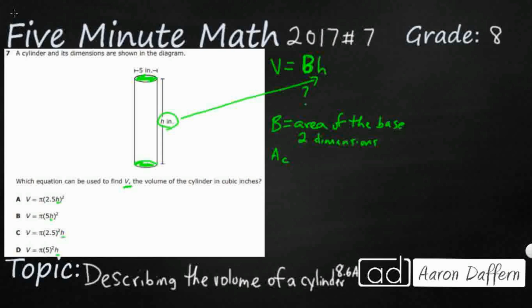And then we're going to multiply it by this height, and that's going to be the 3rd dimension. So that's why we get 3D. It's 3 dimensions because we have 2 dimensions in the base, 1 dimension in the height. But circles are round. They don't have length times width for us to use. So we have to know first that we need the area of a circle.